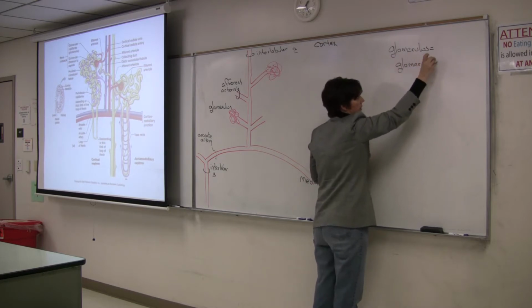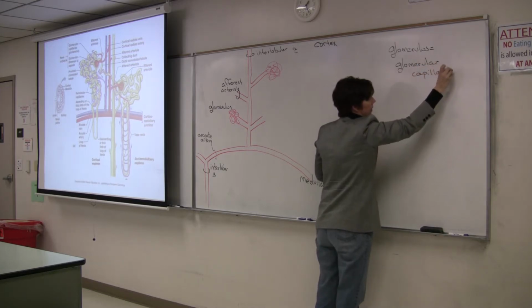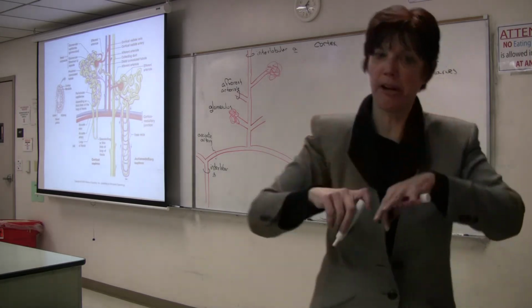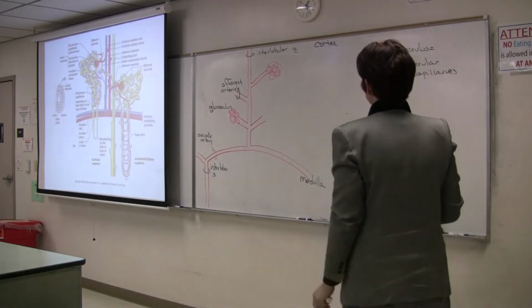Which, if you want to, is also known as glomerular capillaries. So the glomerulus is just this ball or bud of glomerular capillaries.